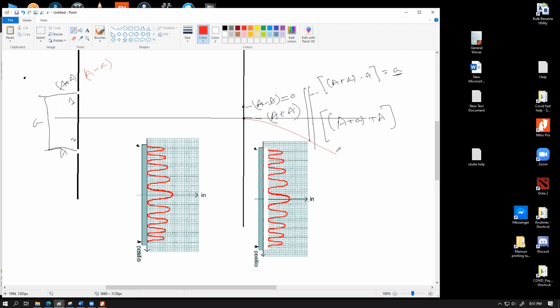For the bright fringe, we're going to have A minus a little plus A. So together we're going to get twice A minus a little. Earlier we used to get perfectly 2A. Now we're going to get something smaller. So the bright fringes will become less bright, because the total amplitude has become somewhat smaller than before.